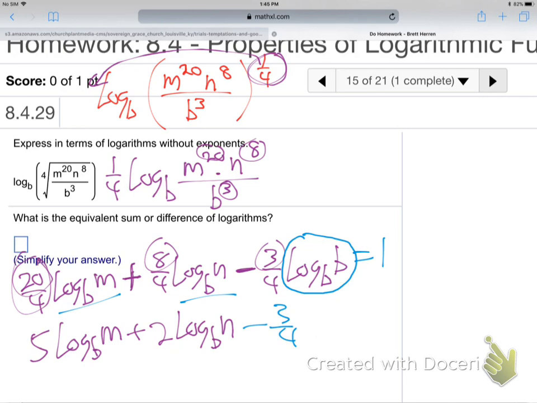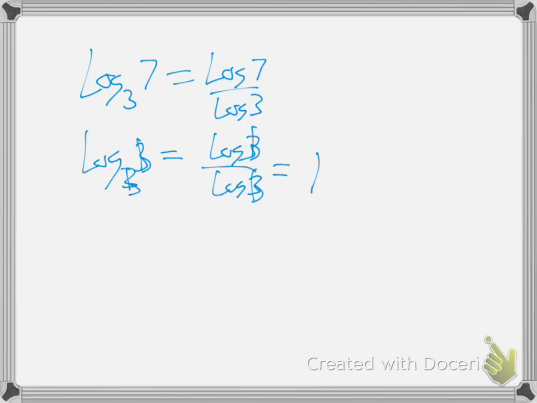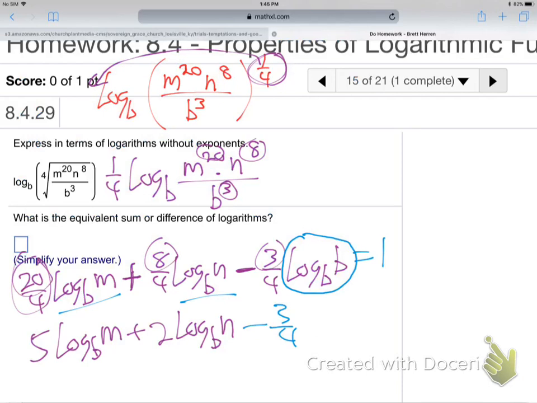Let's look back. What would the log base 3 of 3 be? The top goes top, the bottom goes bottom. So what is that? 1. It's not log of 1, is it? The whole thing cancels, right? That's 1, same thing over itself. That good?